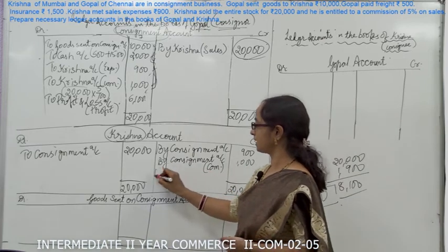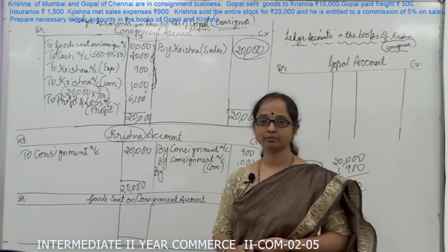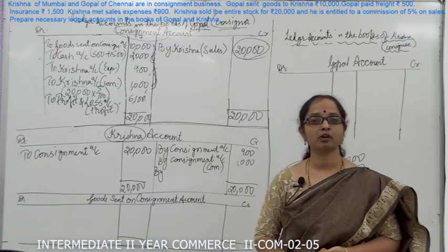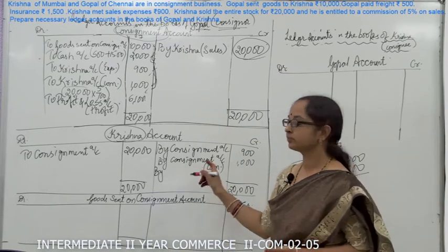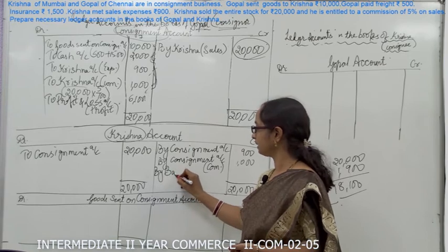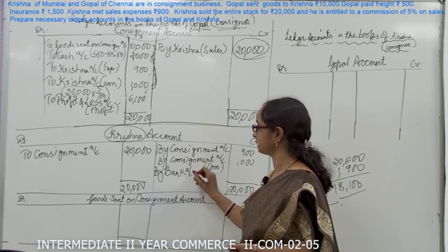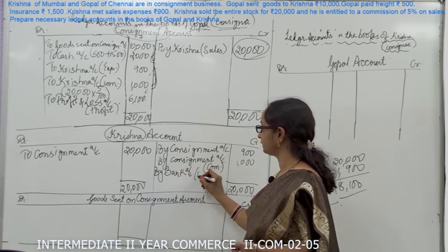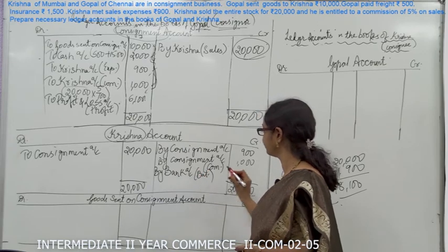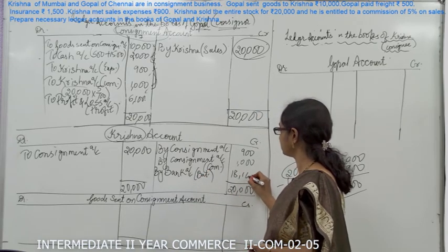So the balance normally, since nothing has been mentioned whether it is paid in the form of check or bank draft, just we will be writing by bank account. It is assumed that a check will be given. This is balancing figure 18,100.